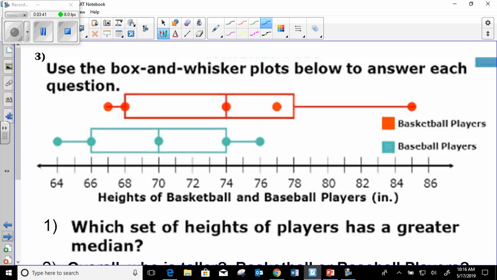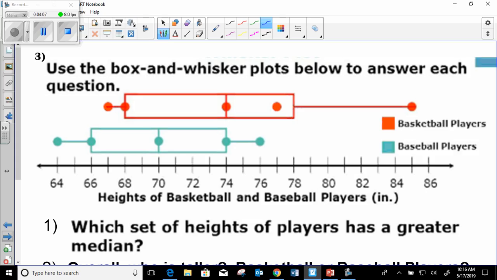Use the box and whisker plots below to answer each of these questions. So the top one, the basketball players, and then the bottom are the baseball players. Number 1, which set of heights of players has the greatest median? That's probably pretty easy, right? If you just think about it, who are usually the taller players?